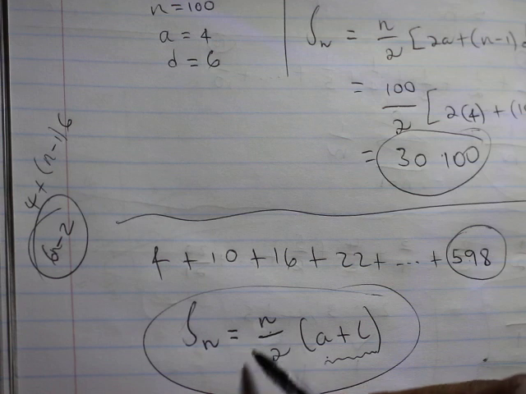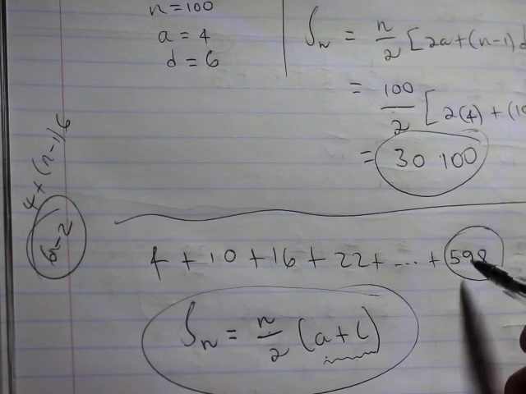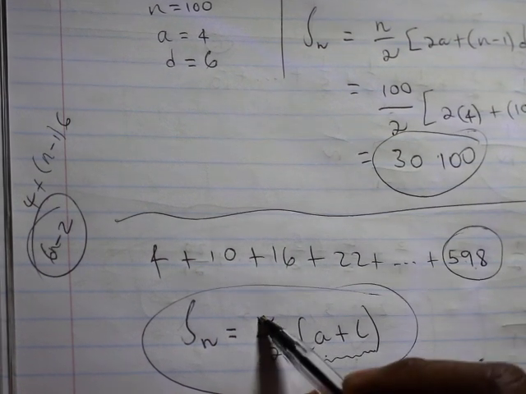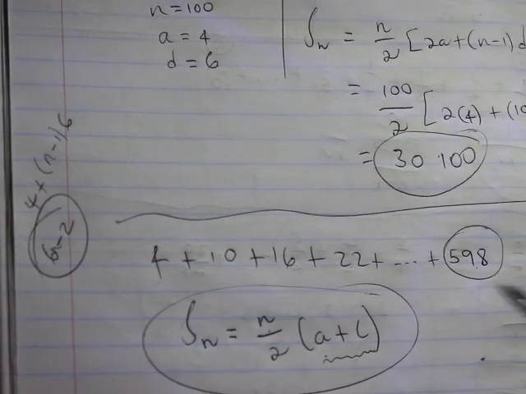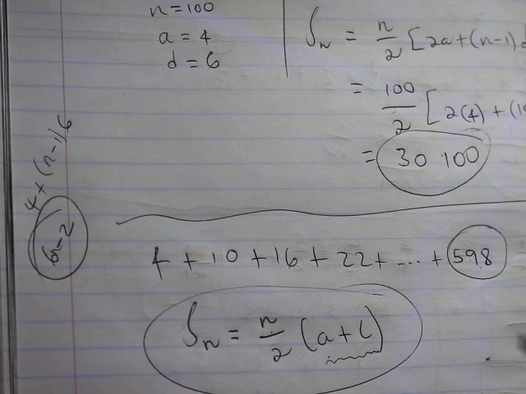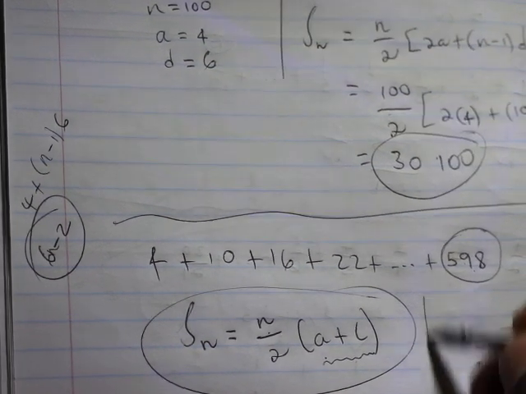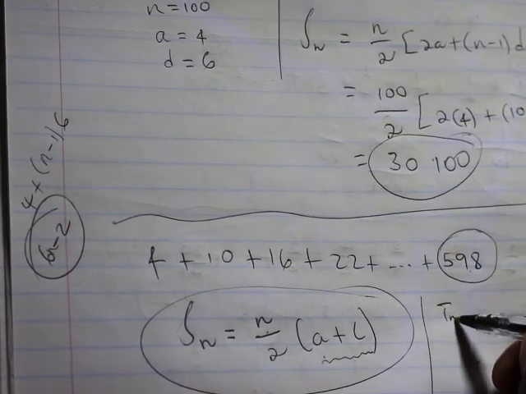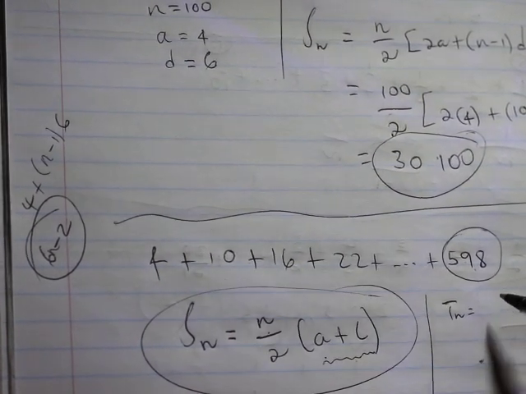So that means now you'd have to figure out, okay, what is the position of the last term? Then you substitute it up there. To find the position of the last term, definitely you need to find the general term first.